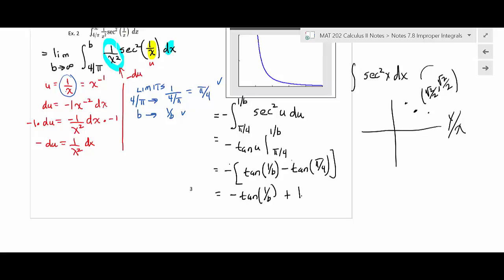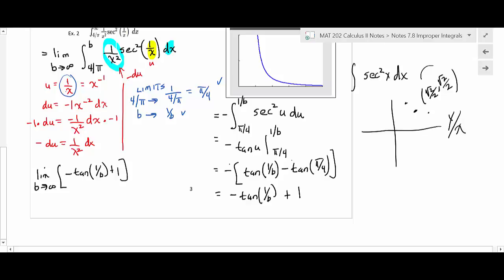Right, now what's the last thing we do? Limit. We're now ready to do the limit as b goes to infinity. So what we want to do at the very end is just do the limit as b goes to infinity of negative tangent of 1 over b plus 1.